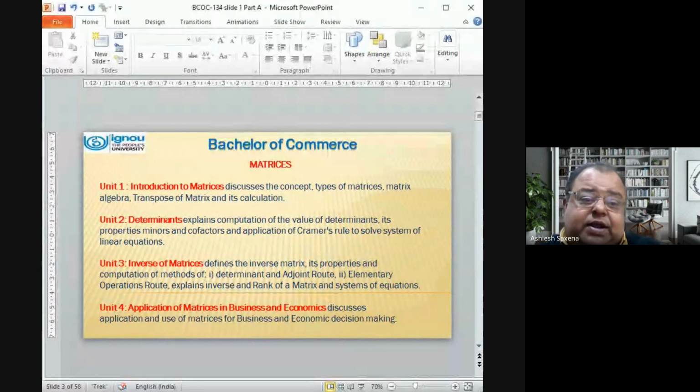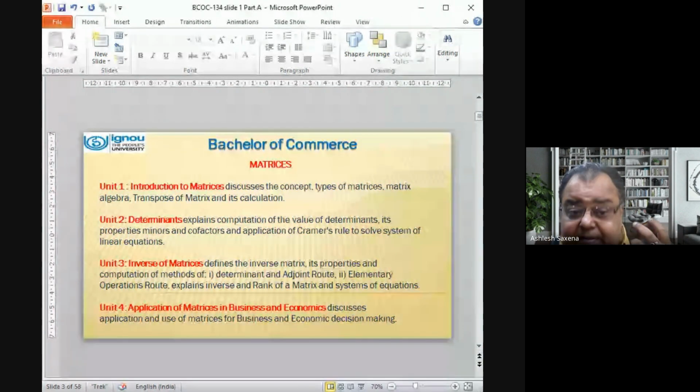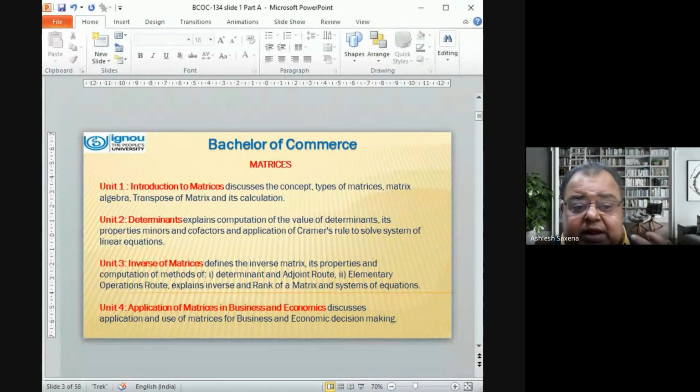First of all, it is Introduction to Matrices. We will discuss the concept. What are the different types of matrices? Matrix algebra, transpose of matrix, and its calculation. Unit 2 is Determinant, where we will be finding the value, its properties, minor and cofactors, and the application in Cramer's rule, how to solve linear equations.